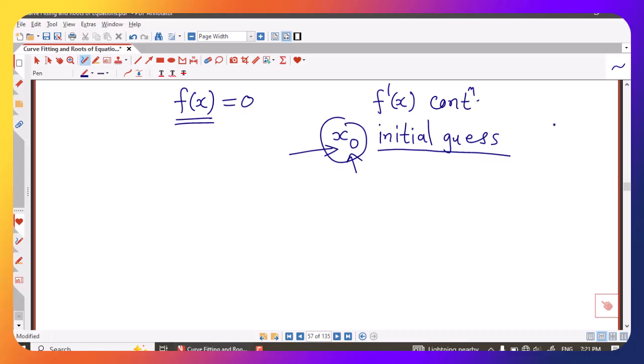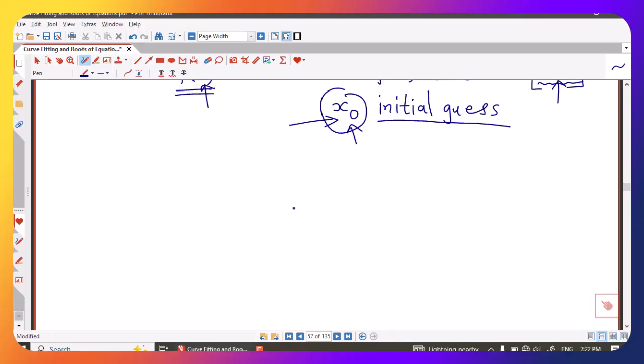We can determine that from the graph of the function f(x), or we can find the interval containing the root, and we can consider any value from that interval as our initial guess. After that we consider the tangent to the graph of f(x) at this point.